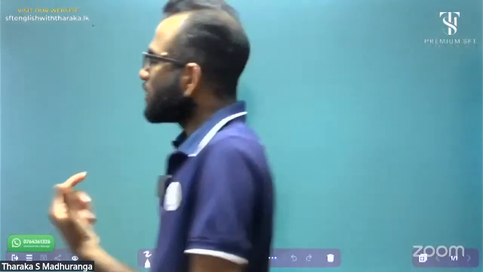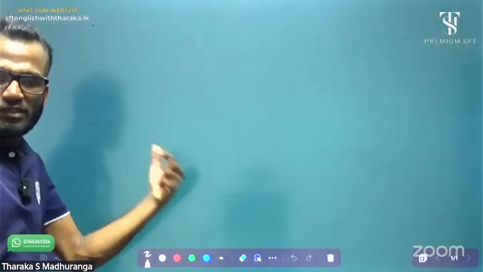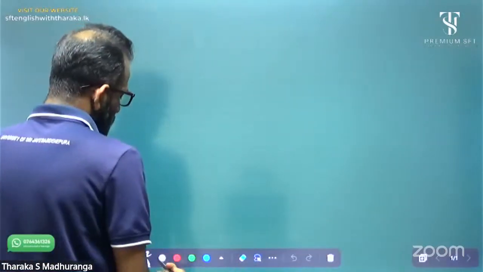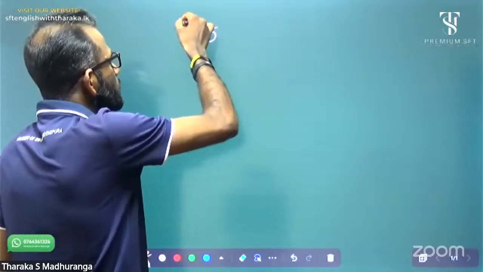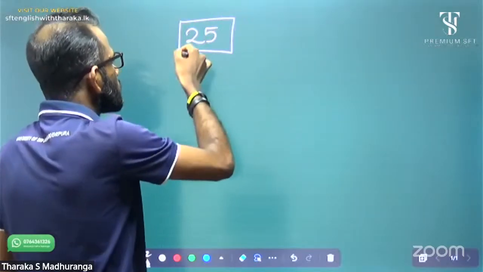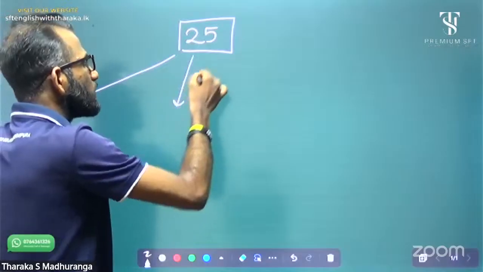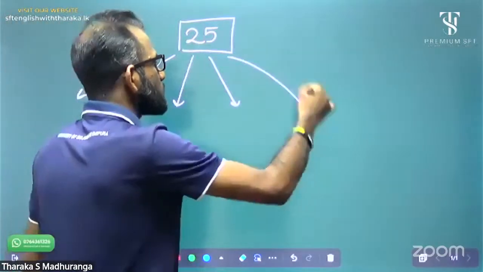First of all, we have 25 lessons. I will send the lesson list and lesson classification to the group today. These 25 lessons we can classify into five categories.